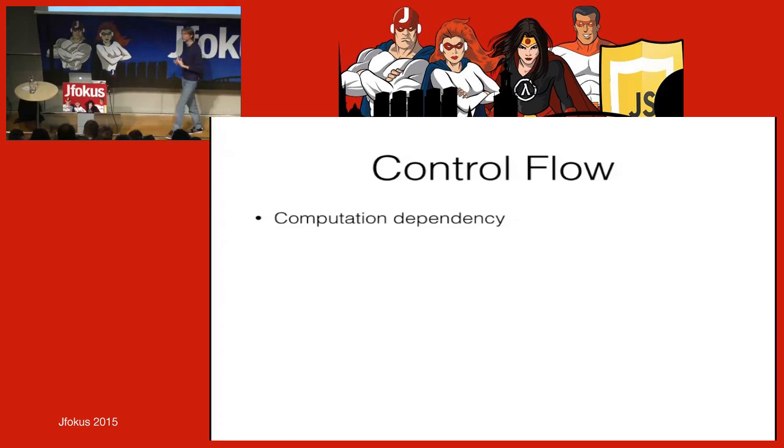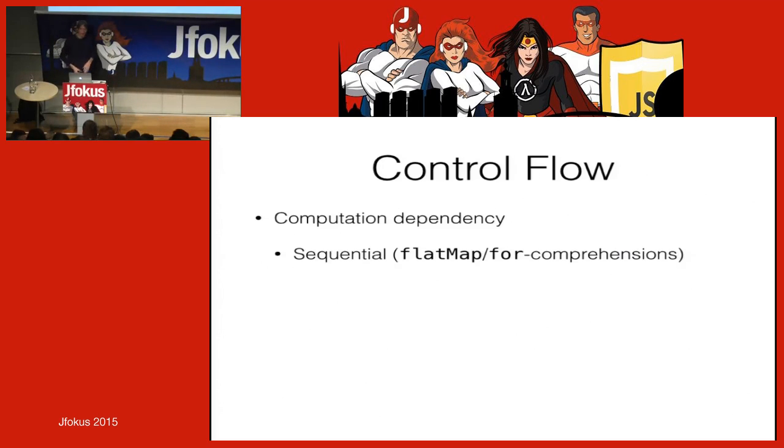Because if we can represent our control flow as data, as these function calls, then our library, in this case the futures library, can do cool things with concurrency, can do cool things that care about control flow, which concurrency is one of. So for computations, for control flow, right, there's two different paradigms of control flow that matter, right? There's the sequential one, where you have a value and you want to compute a new value from it, right?